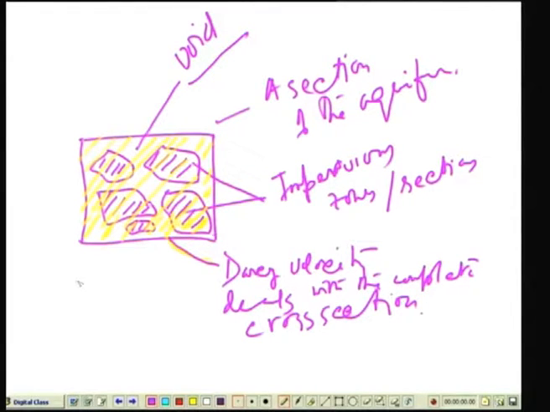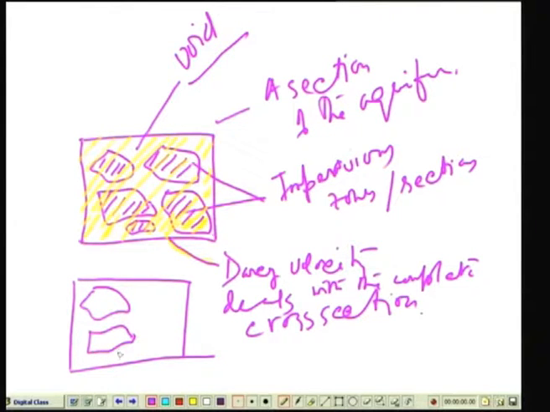But if you try to observe the same cross section again, if we redraw this, the actual flow is essentially taking place through the void.